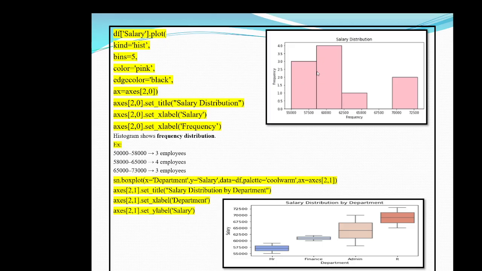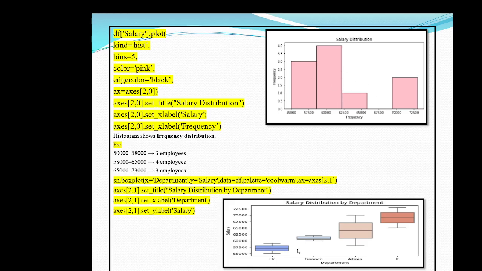This is 3, 3 plus 4, 7, 7 plus 1, 8, and 2 comes under the category of this last one, that is around 69 to 75. So this is how we apply. Totally 10 representations have been presented in this frequency distribution, that is the histogram.